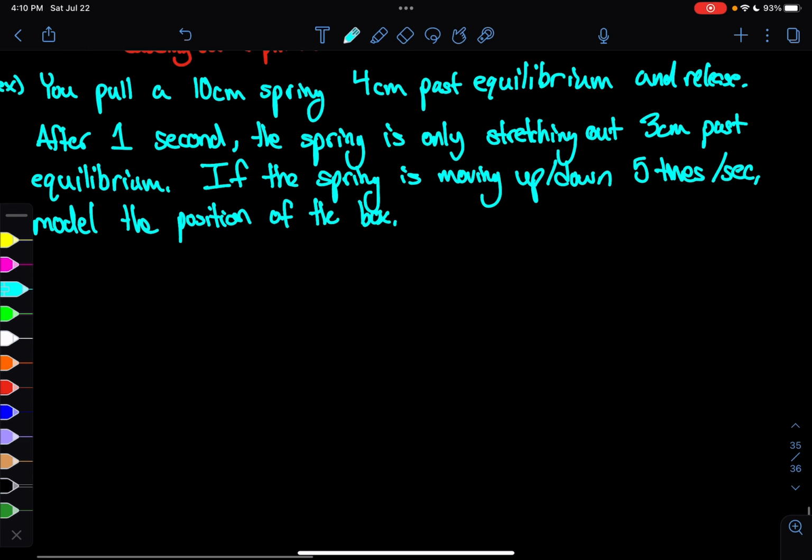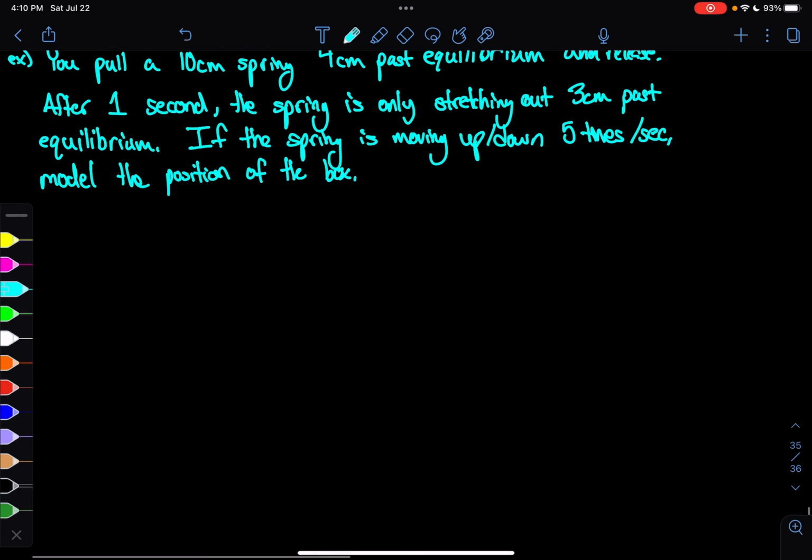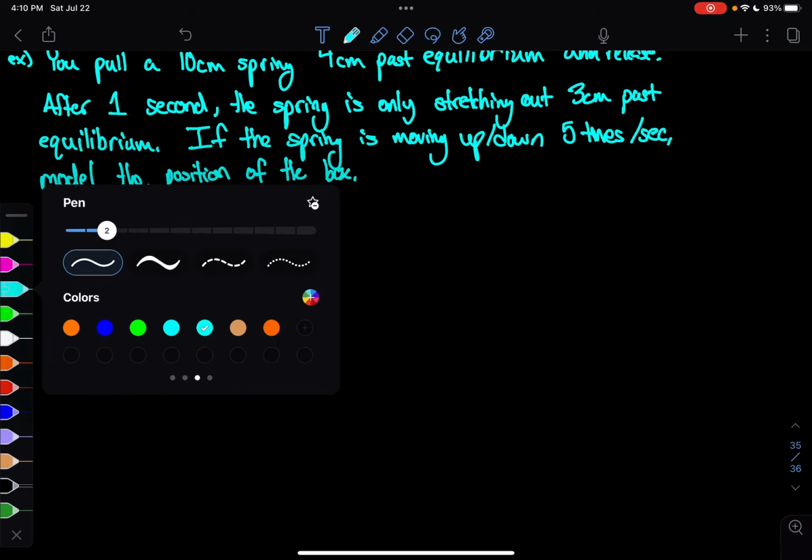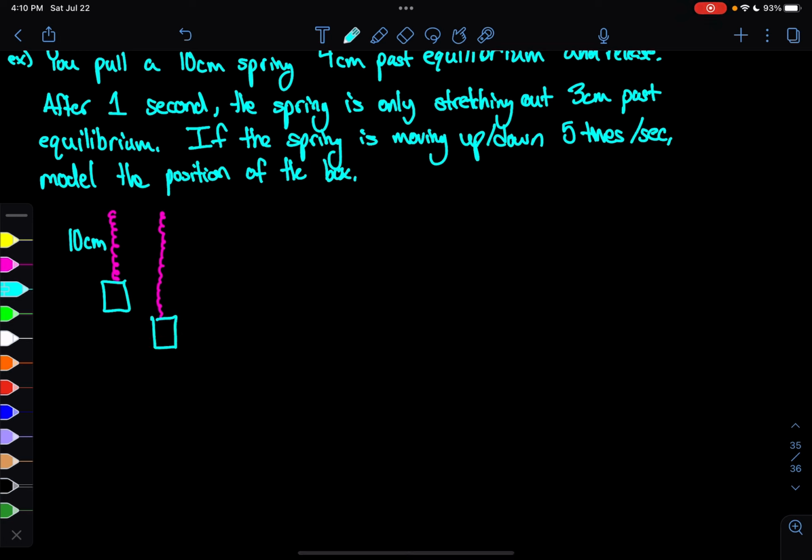Okay, so let's try and wrap our heads around what's going on over here. We have a spring that naturally rests, we'll say, at 10 centimeters. We, of course, pull it down a little bit further, stretch it out, so it goes down to 14 centimeters.